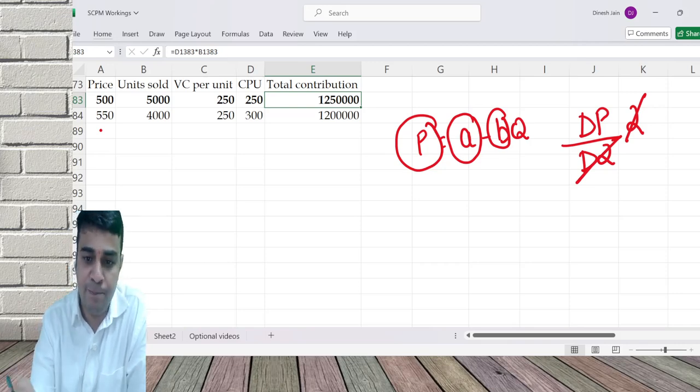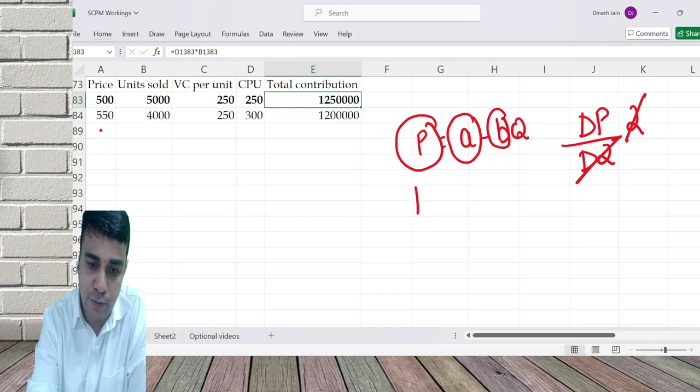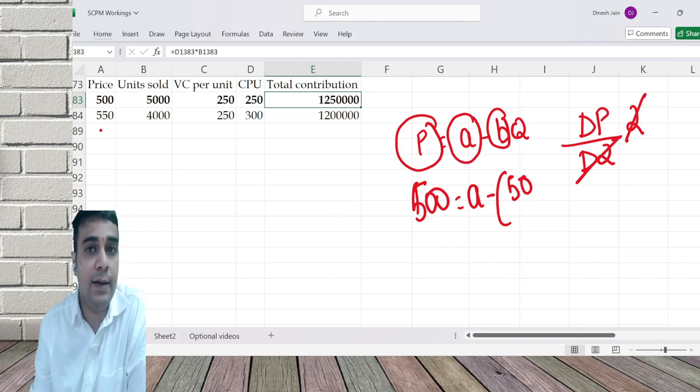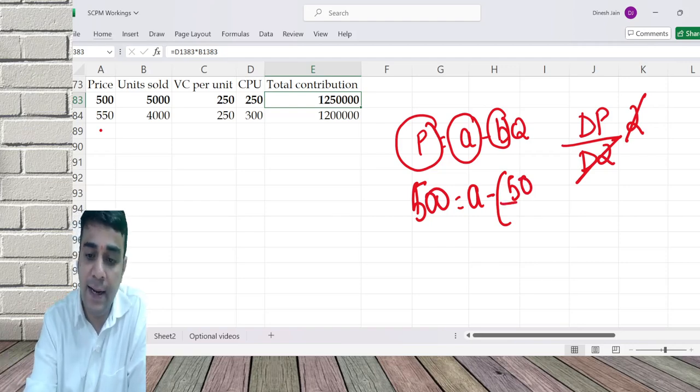For example, P is equal to 500, 500 is equal to A minus delta in price 50 by delta in quantity 1000, into Q which is 5000 as of now.